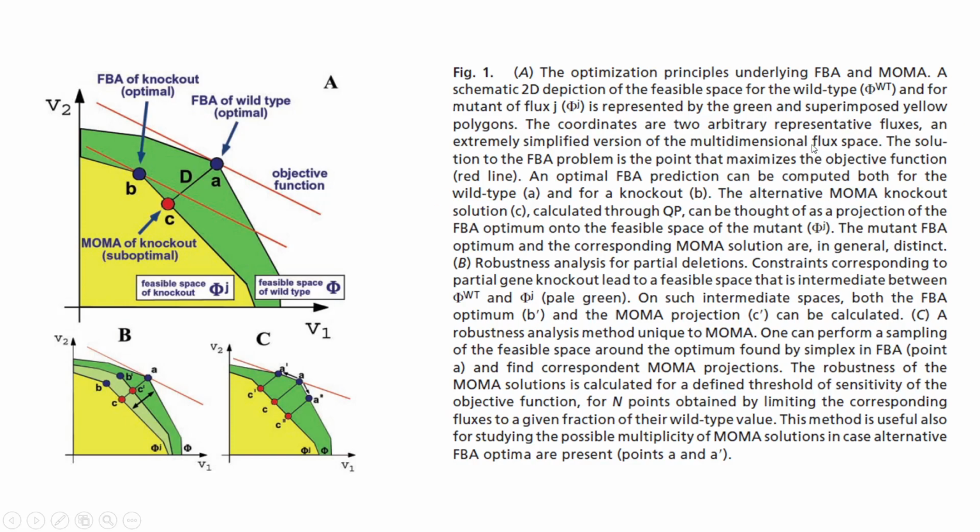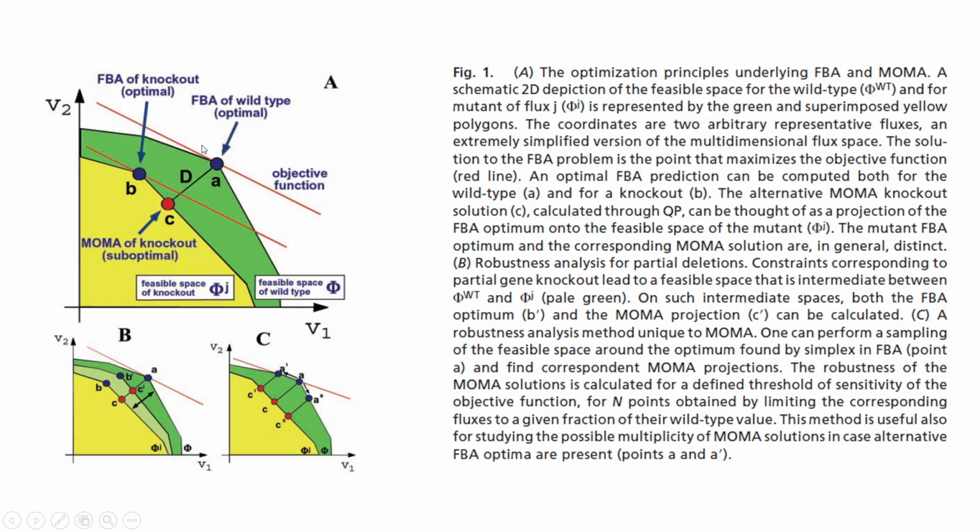It says the same here: a schematic 2D depiction of the feasible space of the wild type and the mutant flux J is represented by the green and superimposed yellow polygons. The coordinates are two arbitrary representative fluxes, an extremely simplified version of the multidimensional flux space. You can imagine this to be an n-dimensional space, but just for representation here, it is shown as a 2D space. The solution to the FBA problem is the point that maximizes the optimal solution.